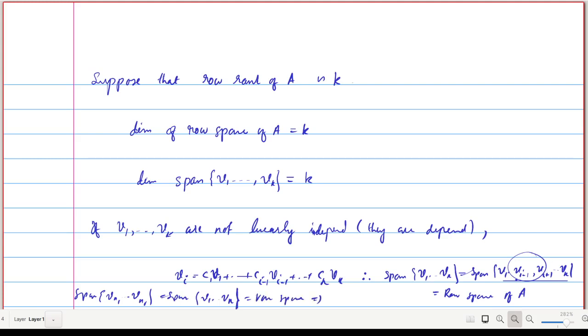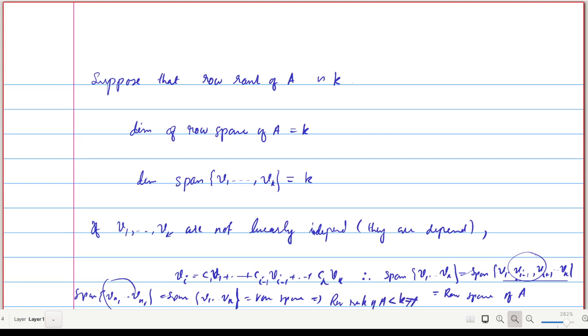Since this is fewer in number than v1, v2, ..., vk, this contradicts the fact that the row rank of A is k. So this is a contradiction.